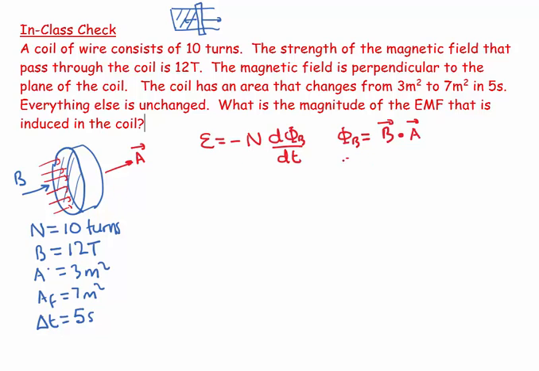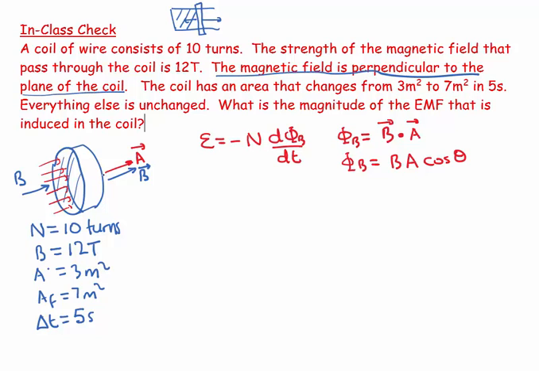I can expand this, of course, and this would be the magnitude of B times the magnitude of A times the cosine of the angle between these two vectors. And if I look down here, then my B vector in this example is parallel to my A vector because it says the magnetic field is perpendicular to the plane of the coil.